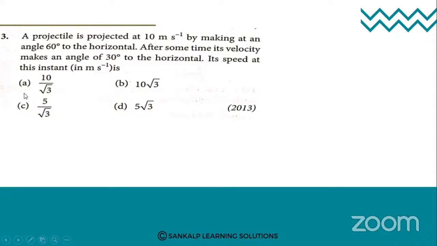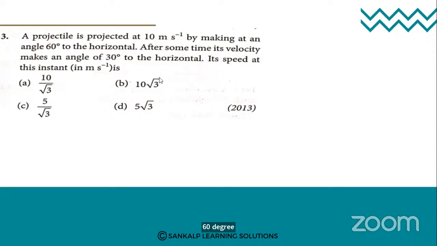Next question, students. A projectile is projected at 10 meter per second, making an angle of 60 degree to the horizontal.